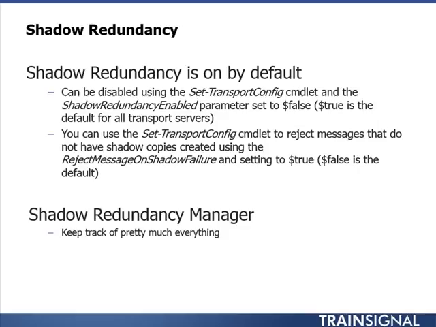It keeps track of things like maintaining the list of primary servers for each shadow message, processing discard notifications, and a whole list of other things. In fact, the list can be found if you research the articles on TechNet that are listed at the end of this discussion. You'll be able to find the information on the Shadow Redundancy Manager and see the list of 7 or 8 bullet points as far as what it does overall.